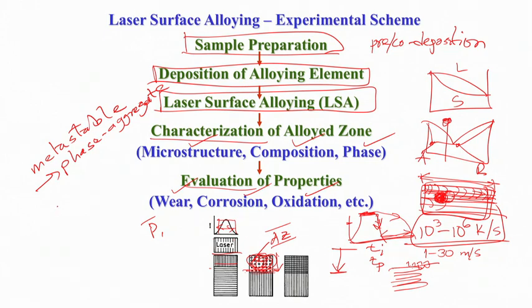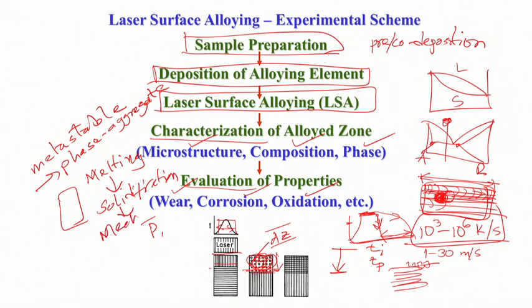Now if you want to create a bulk alloy, then you have to go through very elaborate processes like melting, then solidification or casting, and after that you have to go through various mechanical processes of forging, rolling and so on, and then you probably will have to do some machining operations.